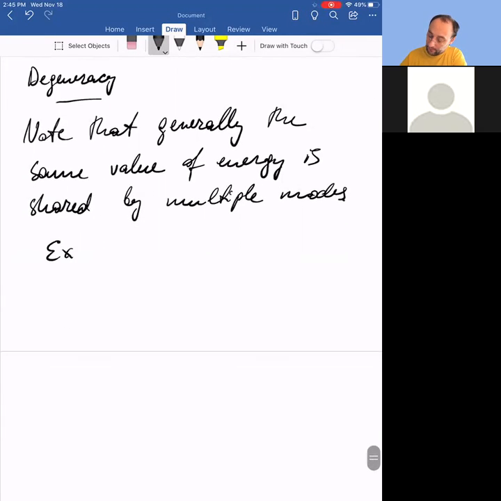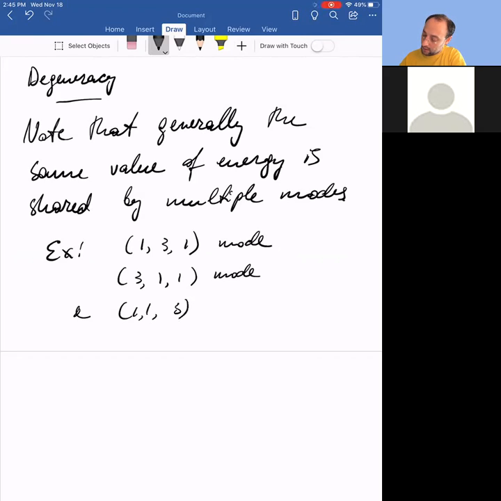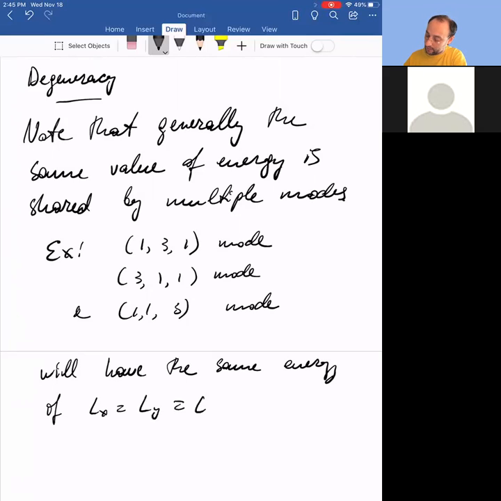So for example, the 1, 3, 1 mode, the 3, 1, 1 mode, and the 1, 1, 3 mode will have the same energy if Lx equals Ly equals Lz.